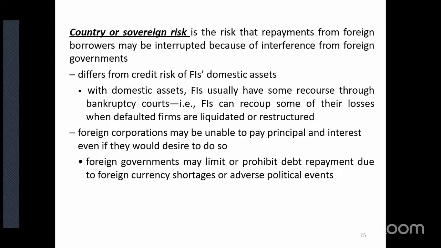Country or sovereign risk. Nowadays, when you look at the US and China, what happened? They are charging additional taxes mutually. America imposes tax on Chinese products, and China also imposes tax on American products. This is not controlled by a financial institution or a particular company in China or the USA.